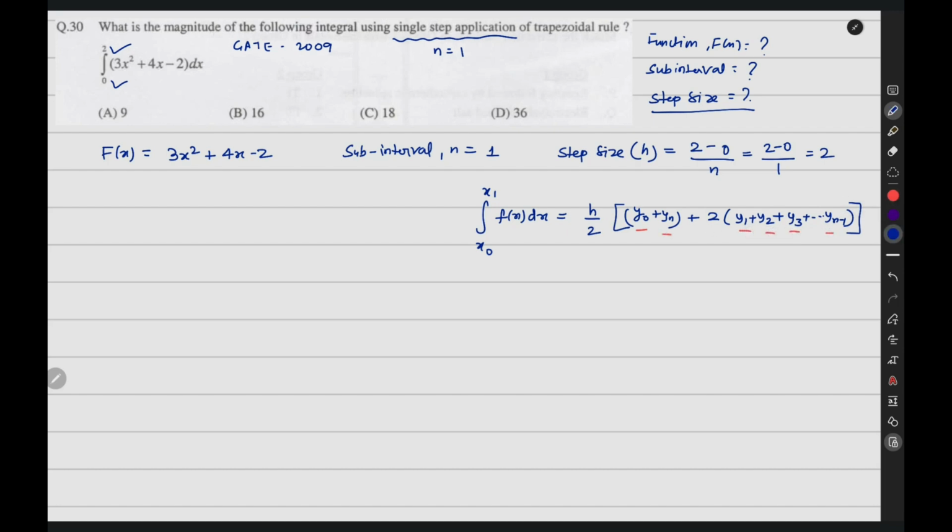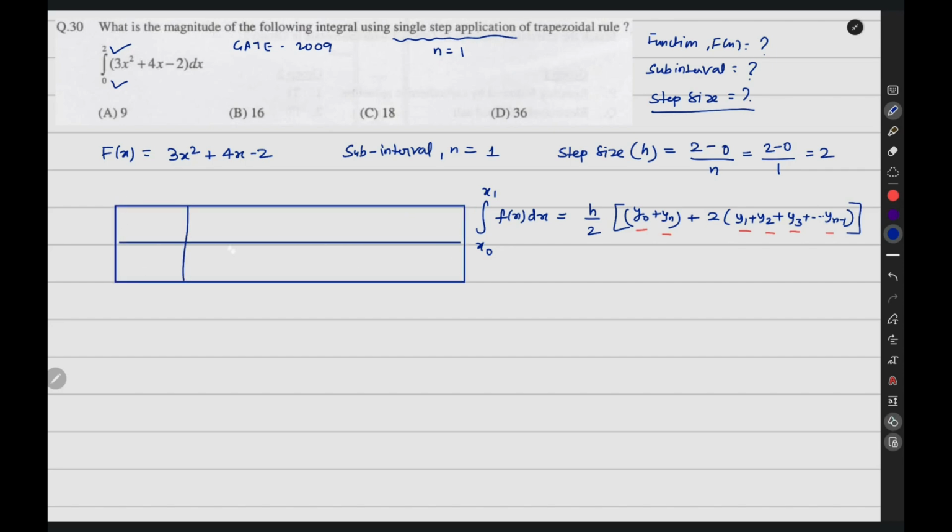So x starts from 0 and there is a step size of 2. So the next step would be 2 and we have only one subinterval. So this is done. Now this is y0, this is y1.